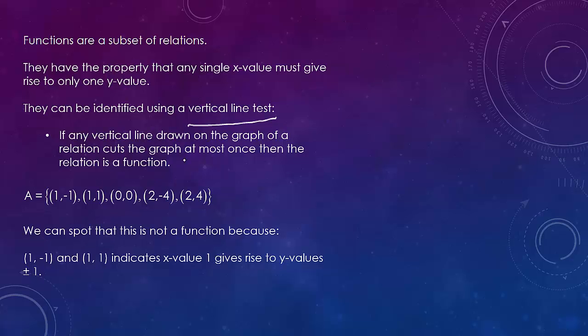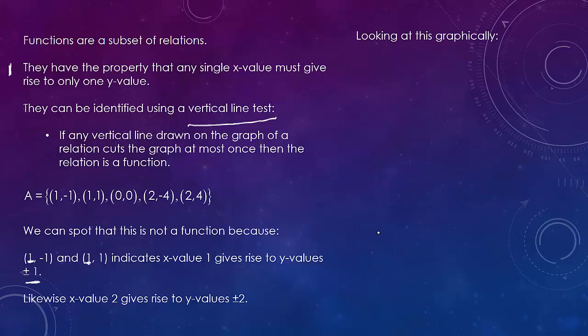And we said back up here that a function would have the property that a single x value must give rise to only one y value. And here we can see that x value 1 actually gives rise to 2 y values. Likewise, x value 2 gives rise to y values positive and -2.